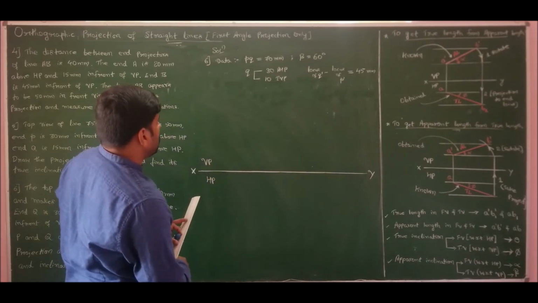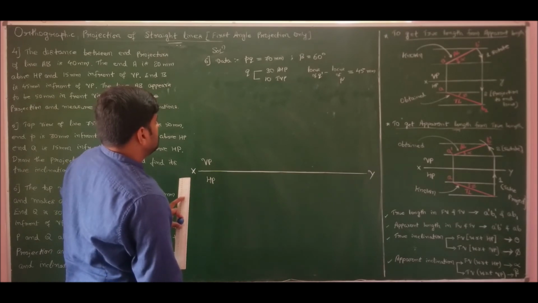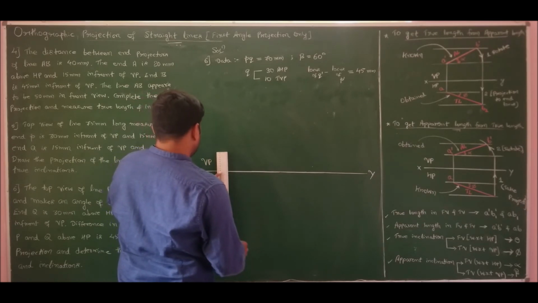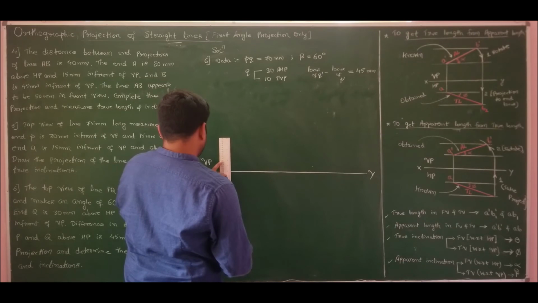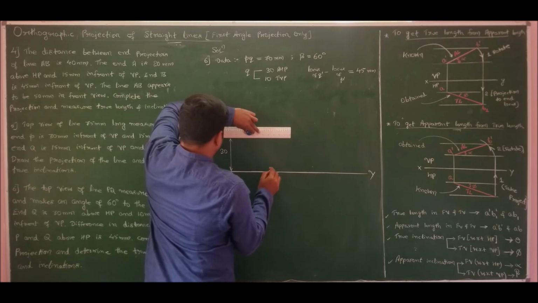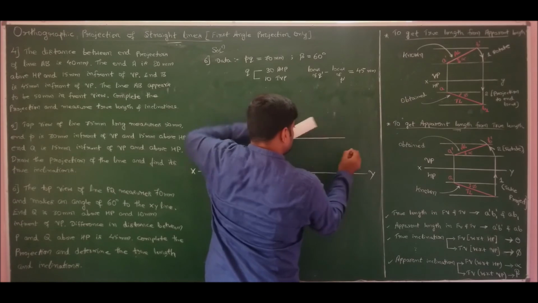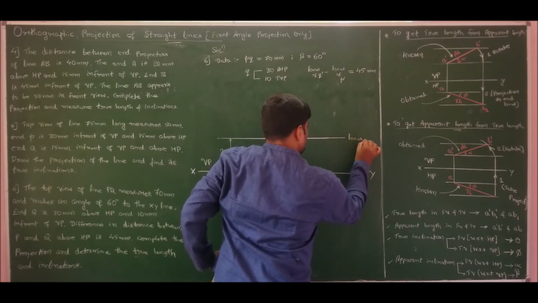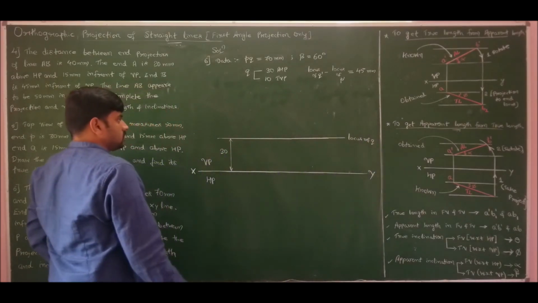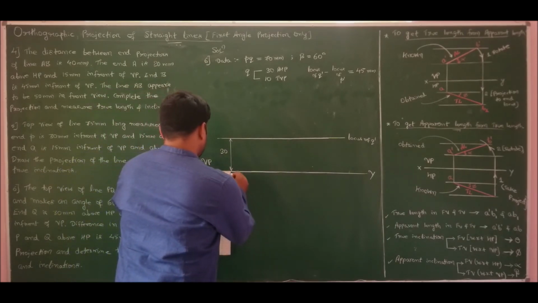Now marking the locus, he has given the locus as 30 mm above HP. So mark 30 mm in the vertical plane. This will give us the locus of Q dash, the front view. And 10 mm in front of VP, mark it on HP.